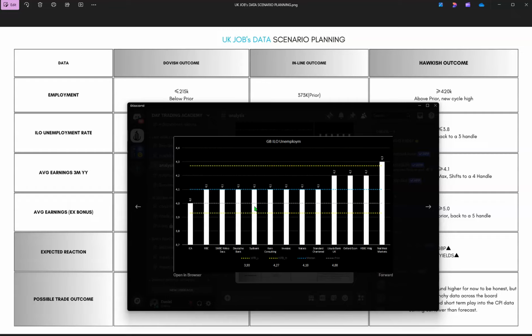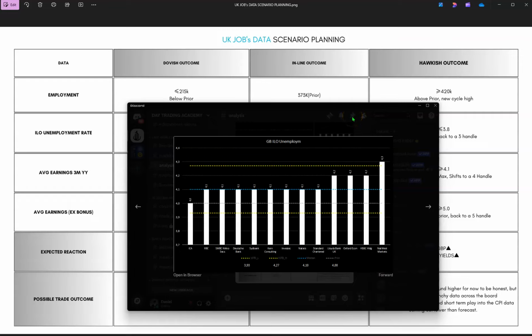So I actually went for a 4.3. Obviously, a 4.2 is actually higher than the prior. But on a week like this, honestly, I want to see something punchy. I want to see something that's going to make the bank say, oh, wow, okay, we are actually moving pretty high on our unemployment rate and it might be time to consider some further easing, even going to a half percentage point, which is a 50 basis point cut for the BOE.